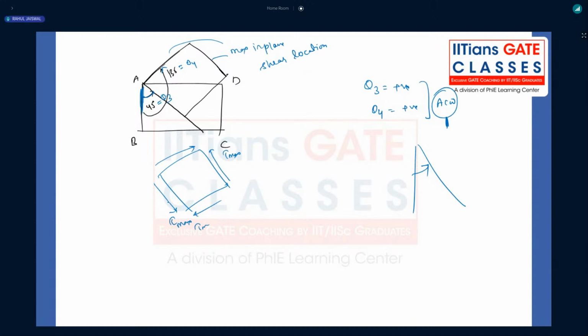Tell me, guys. On a maximum in-plane shear plane, whether normal stress sigma n star will be present here or not, that is the point of discussion.